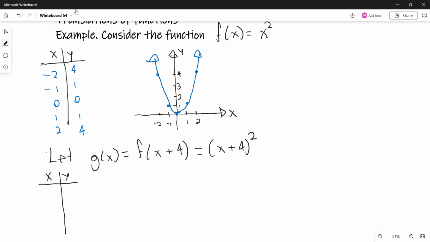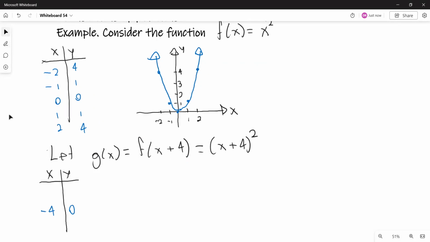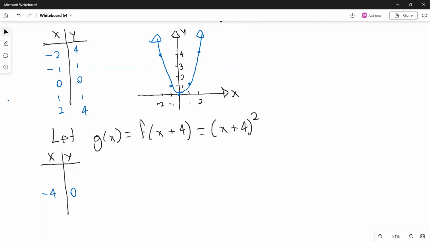When making the table, know that if x is -4, -4 plus 4 is 0, and 0 squared is 0. I'm going to take two values to the left and two values to the right. So let's take -3, -2, -5, and -6.